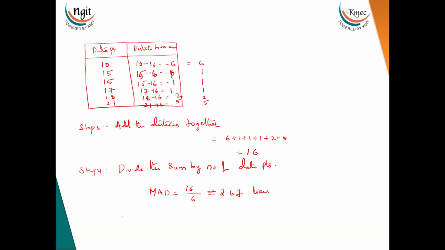That is the solution. On average, each picture was about 3 likes away from the mean.